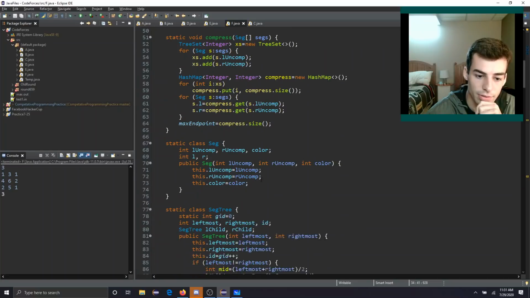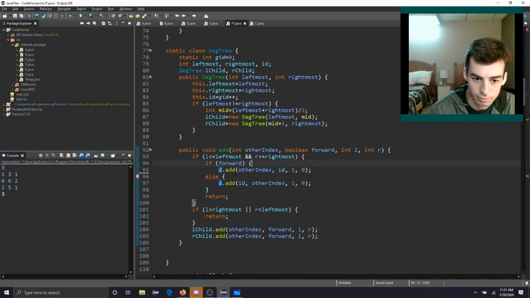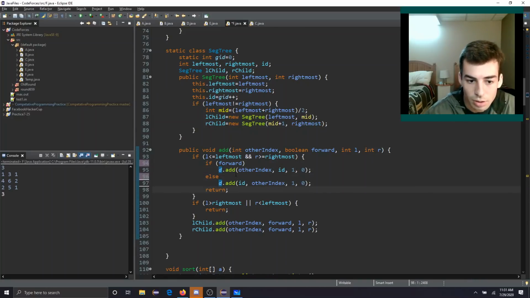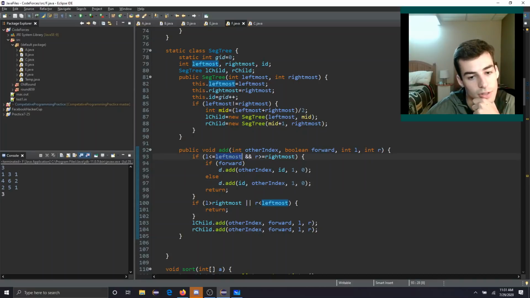Okay, I think that's fine. If L is less than or equal to leftmost and R is greater than or equal to rightmost, add an edge to me, capacity 1, flow 0.